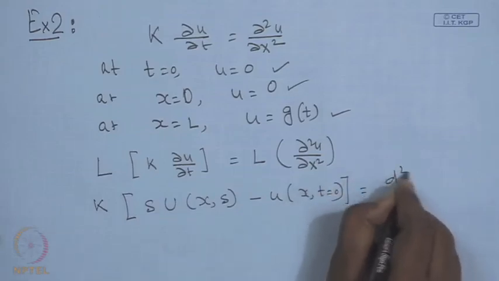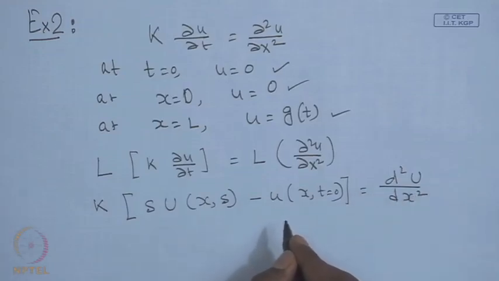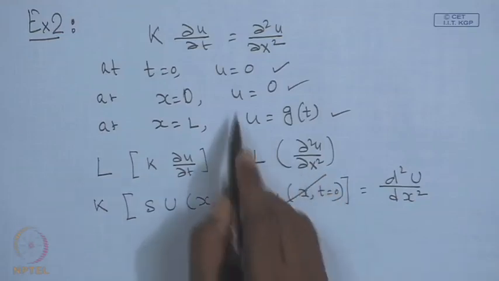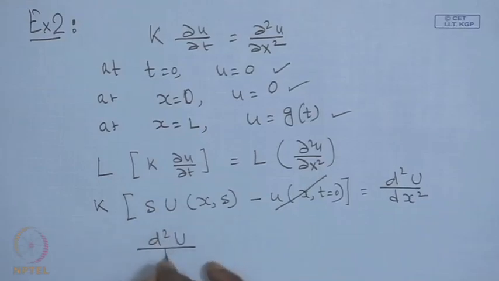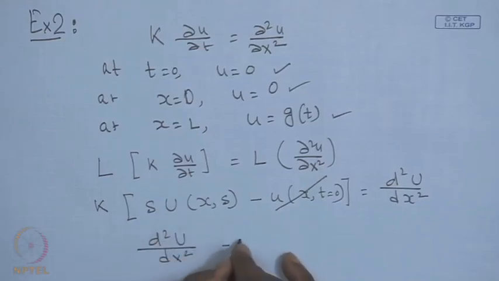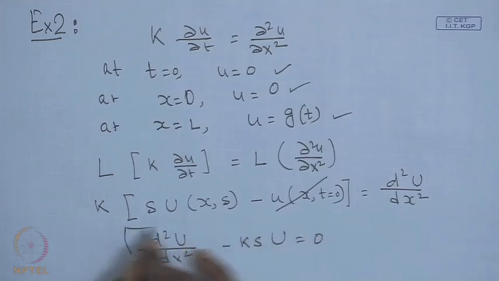This will be nothing but d square u d x square. Now, the initial condition u is equal to 0 has to be satisfied. So, d square u d x square minus k s u is equal to 0 in this particular problem.